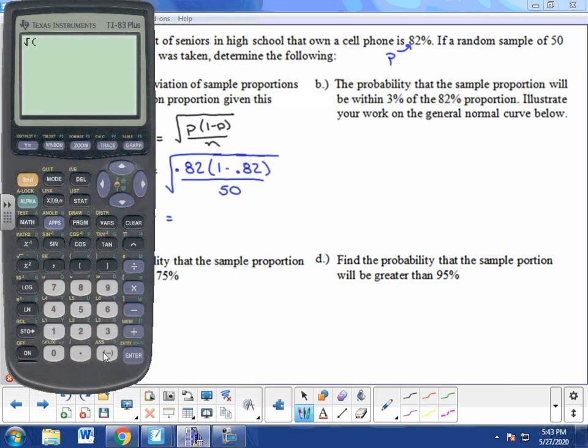We're going to take the square root of 0.82 times 1 minus 0.82, divided by 50. This is approximately 0.0543, or approximately 5.43% is our standard deviation.